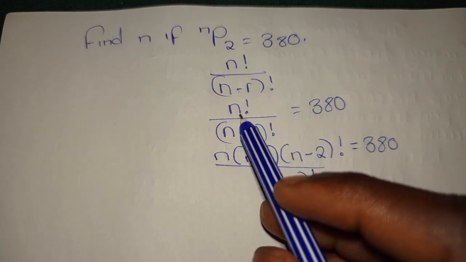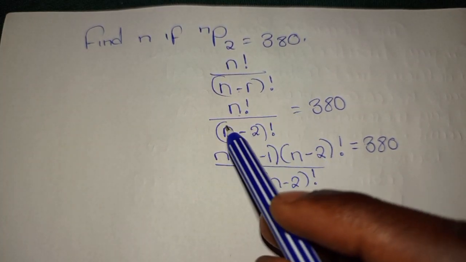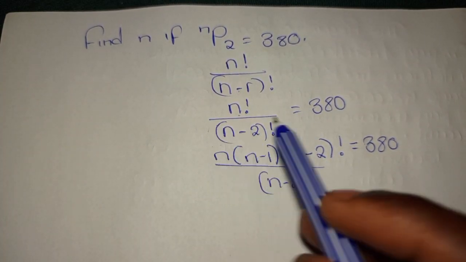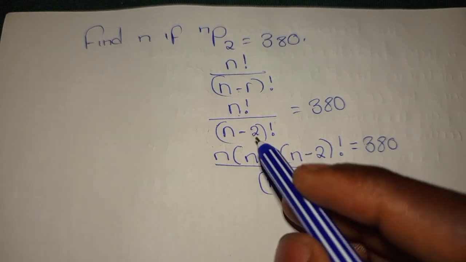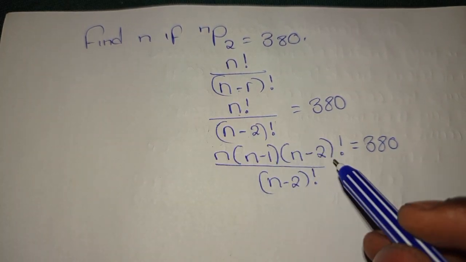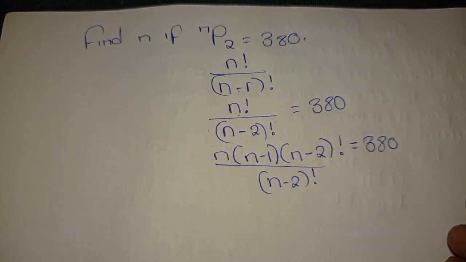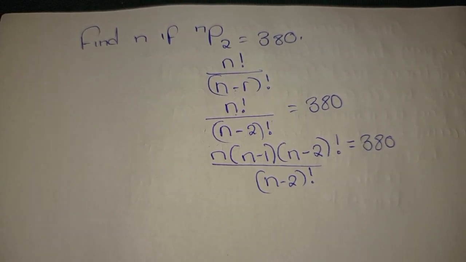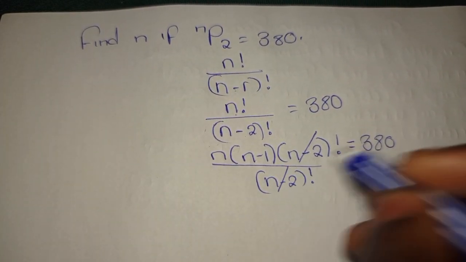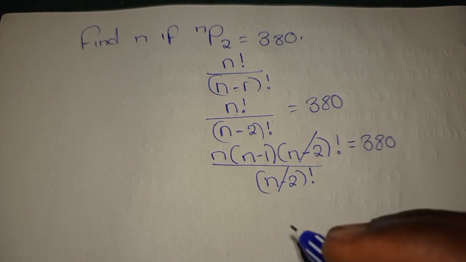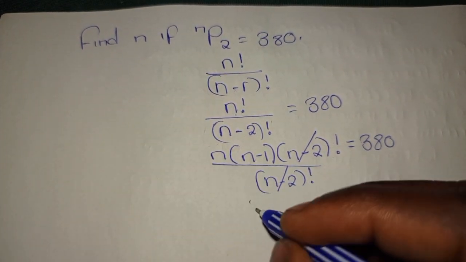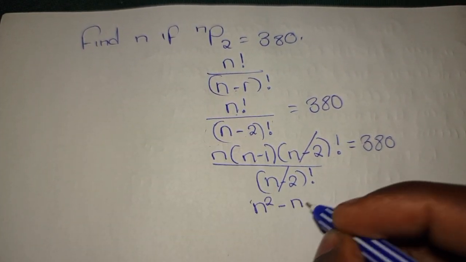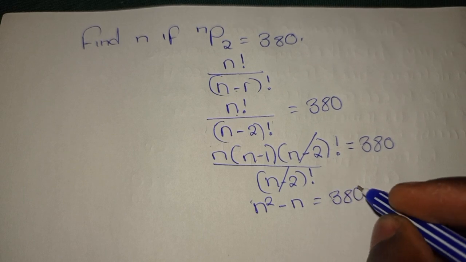Remember, n factorial can take any form down to where you end. If we had n minus 3, we would continue to n minus 3 factorial at the far end. So this and that can basically cancel. So n times n is n squared, minus n, equal to 380.